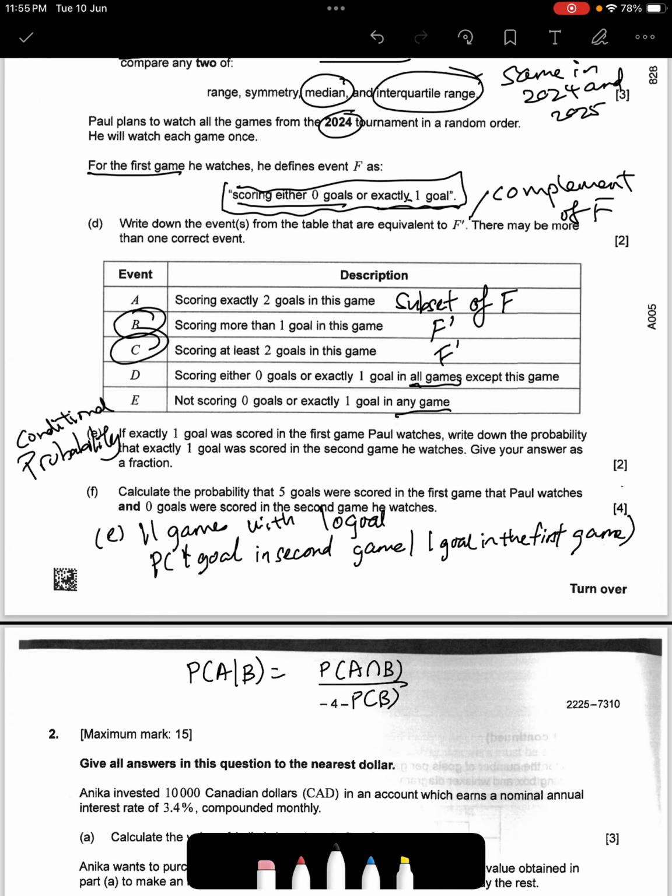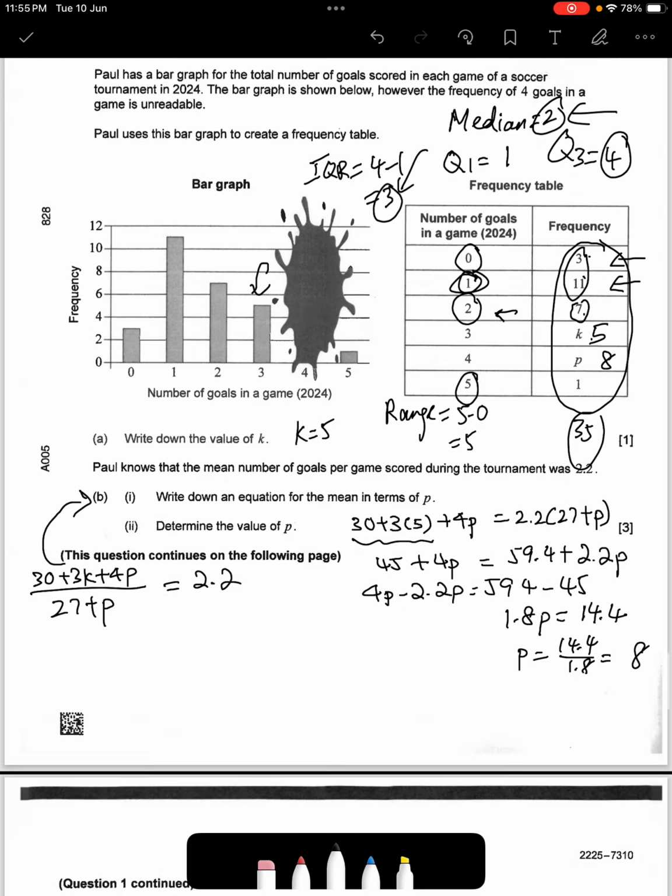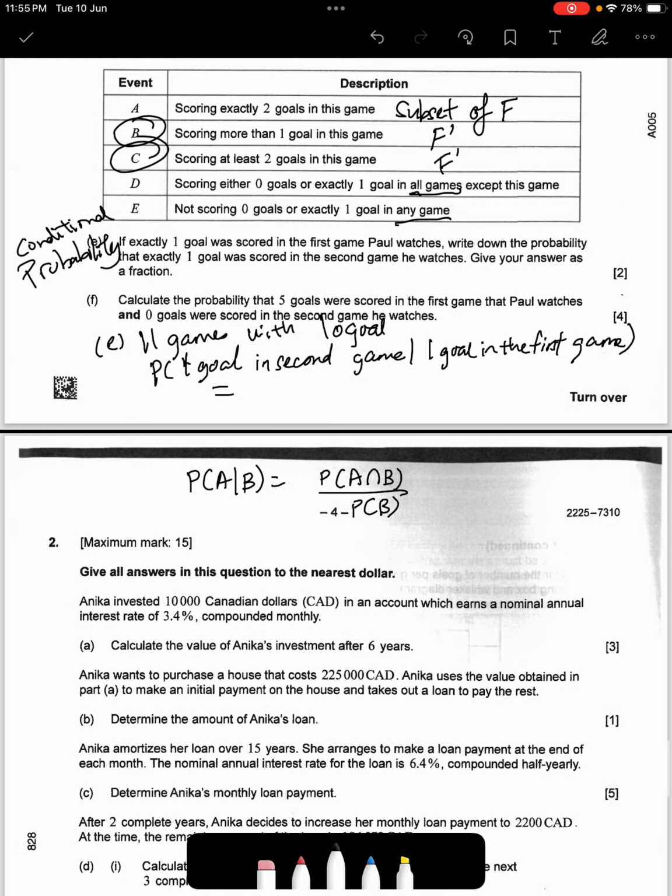Okay, so if we use the formula to solve this question, what we're trying to do is find the probability where you score one goal in the second game and you score one goal in the first game. Now, the probability that you score one goal in the first game is obviously 11 out of 35, because you got 11 games out of 35.